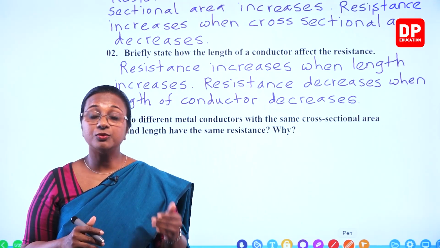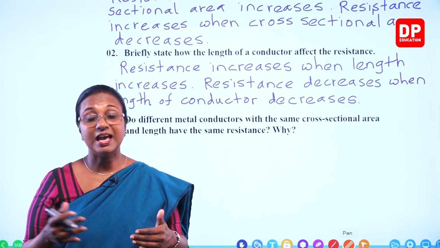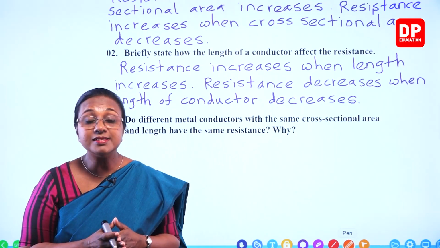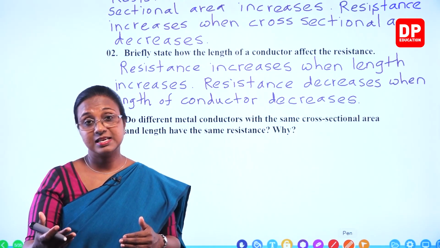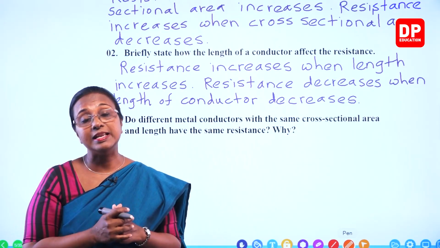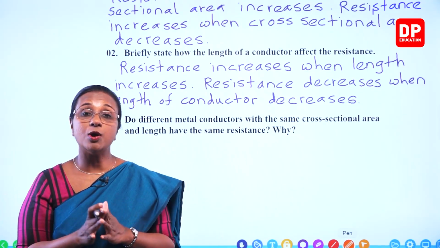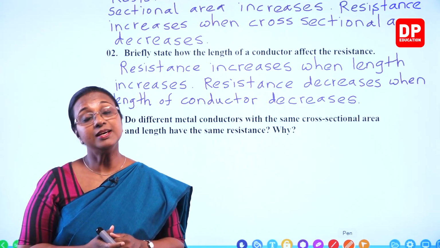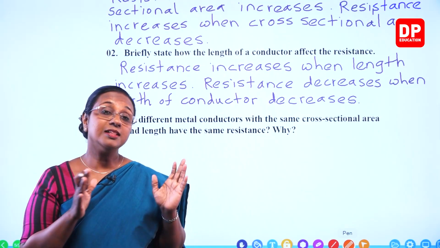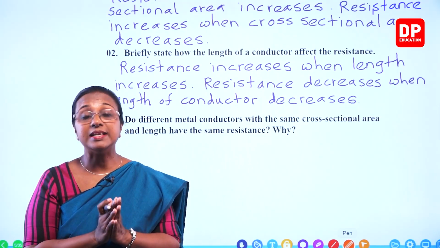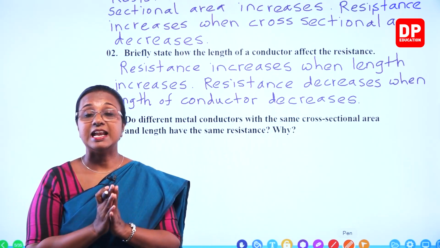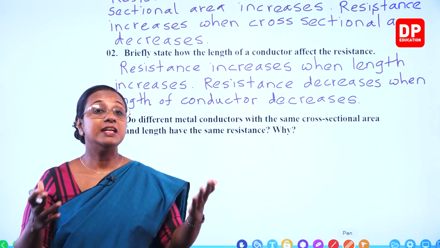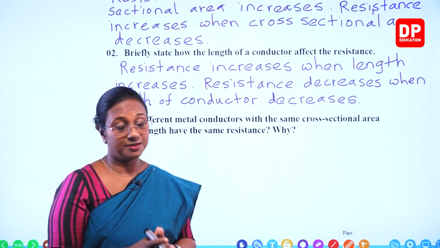But the current flowing through the nichrome wire was the lowest, and the brightness of the bulb was the lowest. Why was that? Because the resistance of nichrome is the highest, and iron has in-between resistance. So if you arrange them in order, copper has the lowest resistance, then iron, and nichrome has the highest resistance. So there, the resistance depends on the material. When the cross-sectional area and length are the same, the resistance of different conductors is different depending on their material composition.